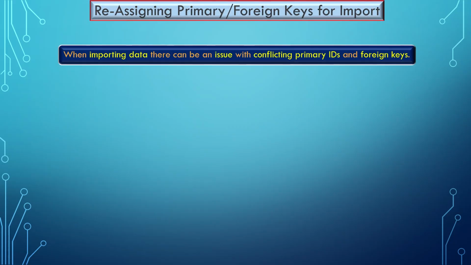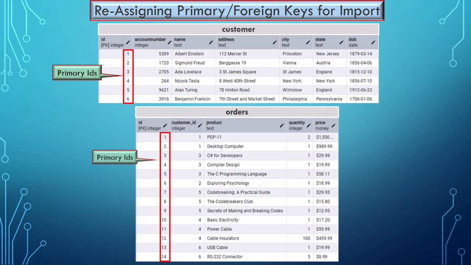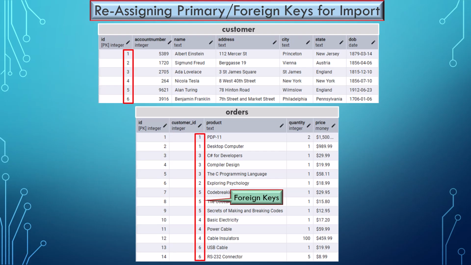When importing data, there can be an issue with conflicting primary IDs and foreign keys. For example, here we have a customer table with primary IDs and an orders table with primary IDs. The customer_ID column contains foreign keys that reference the customer table.